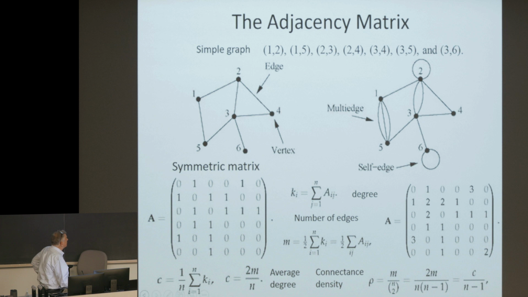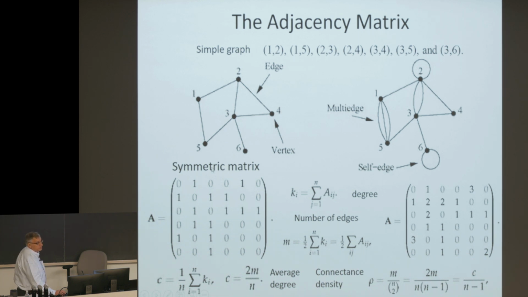So how to formalize a network is to build an adjacency matrix for the network. So, for example, on this slide you can see a network, right? And if there is a link connecting nodes 1 and 2, then you put 1 in the first column and in the second row.